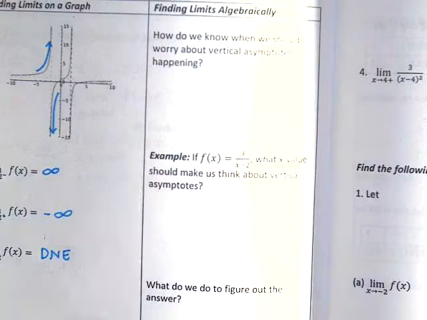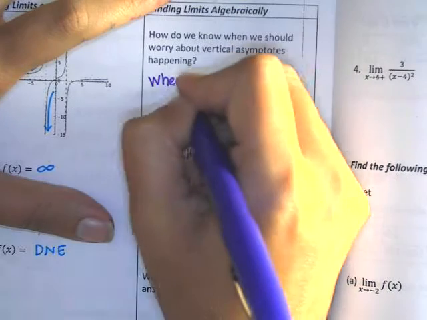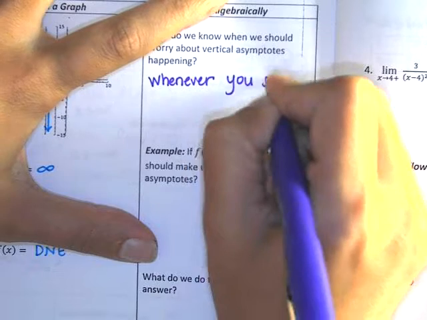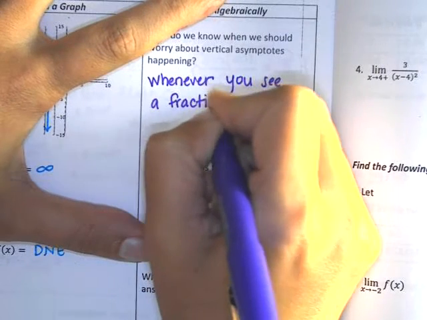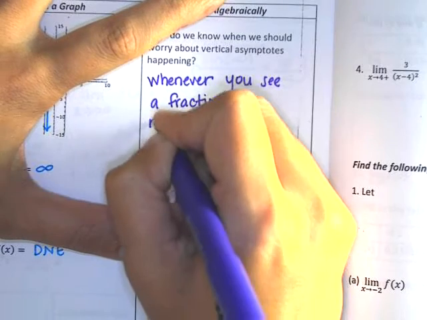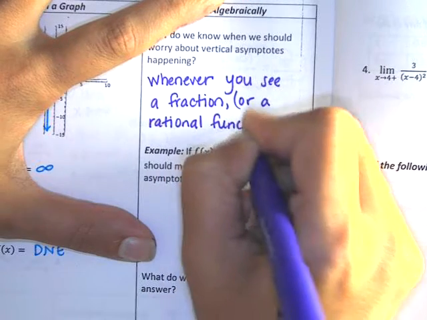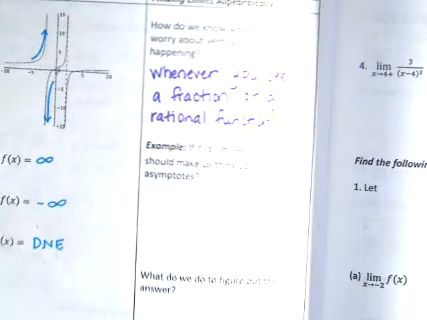Whenever you see a fraction, or a rational function, that's another word for fraction, you should definitely start thinking about, there's going to be a vertical asymptote here.